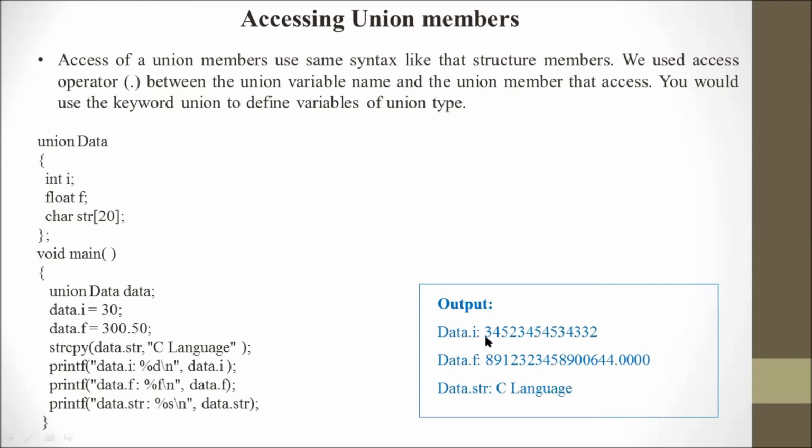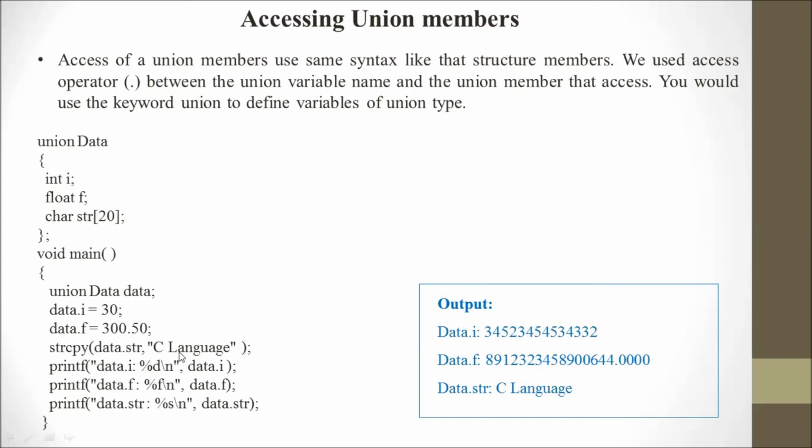In the output, the i value is a garbage value, or an inappropriate value. So this is the garbage value, because the union stores all data types in a single location. So in the last, this last string copy, C language.